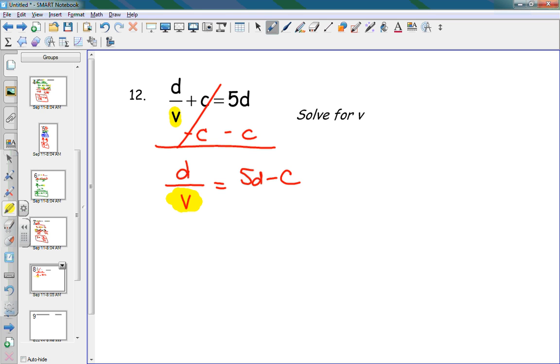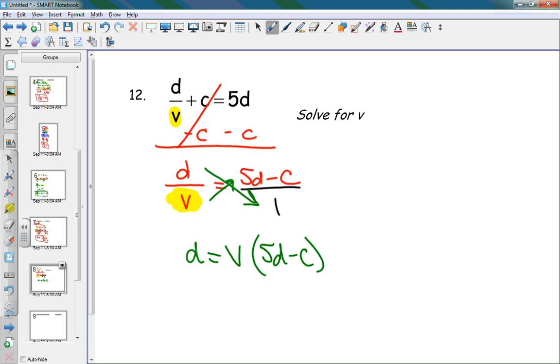So I could simply put this over 1. When you have a fraction equaling a fraction, the easiest method is to simply cross multiply every time. Which means 1 times D is D, and then I'm going to have B times 5D minus C. Do we see that, yes or no?